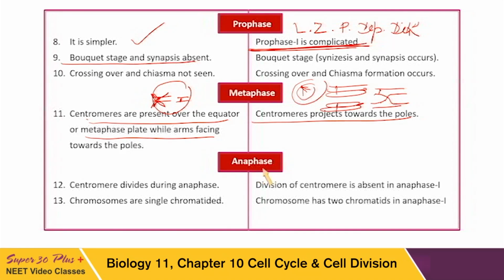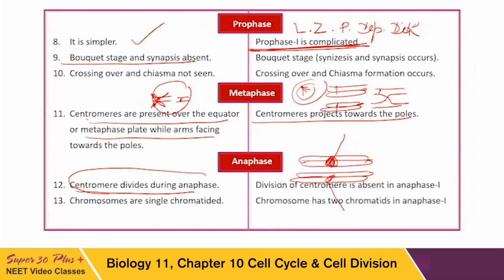What is in anaphase? In mitosis the centromere divides, important. Here in meiosis the centromere will not divide. The 2 chromatids are held together, and the complete chromosome will be pulled towards the opposite pole. In mitosis the chromosome is represented by a single chromatid.